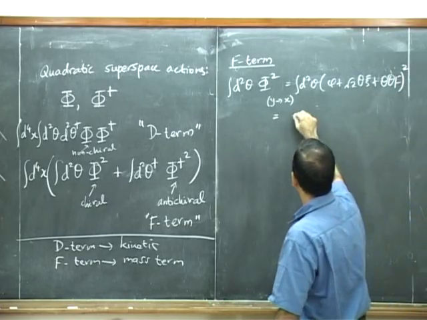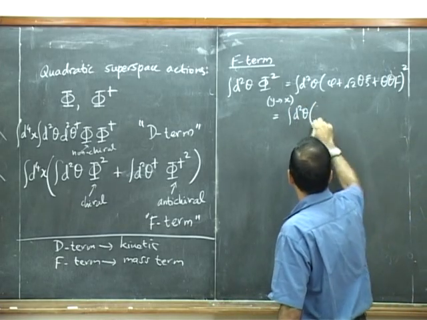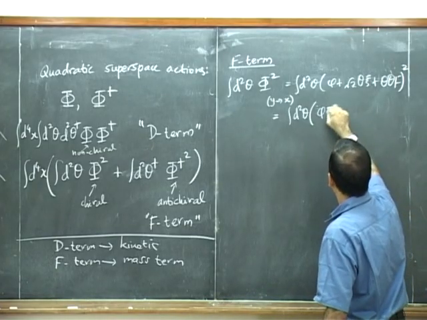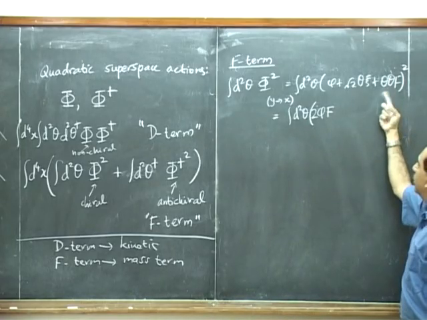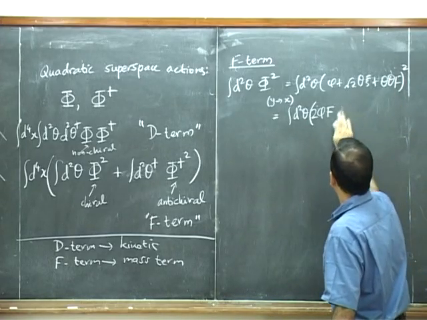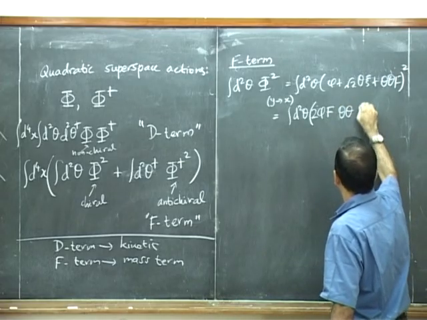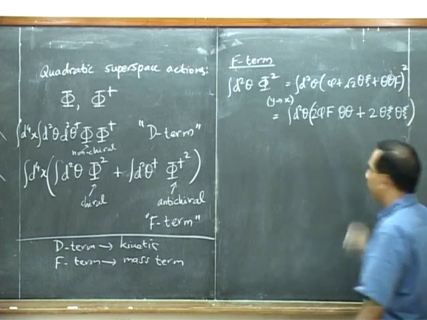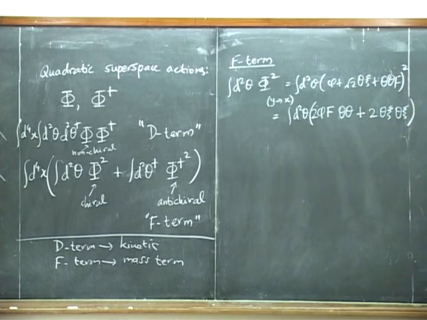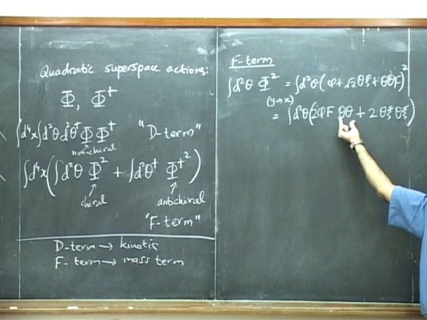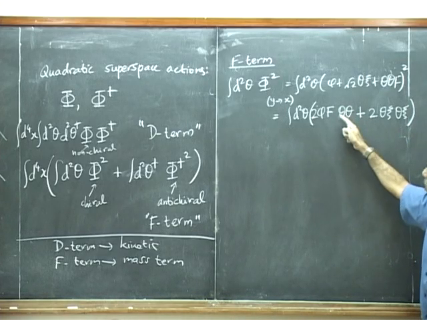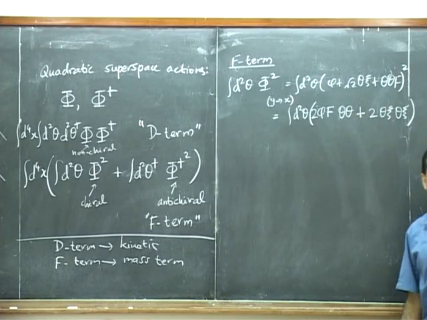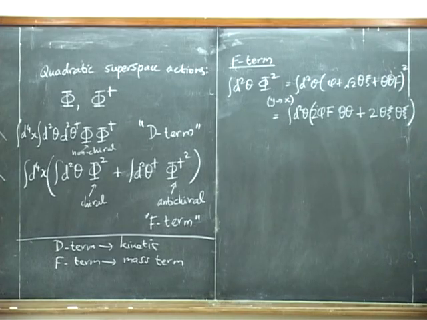So for all practical purposes, this is the same as d2 theta of 2 phi F theta theta plus 2 theta psi theta psi, since phi F comes twice. You have to remember how the contractions are. If two spinors are sitting next to each other, then it's one up, one down. I always forget, I think this way, similarly here, similarly here. So that's all I need to keep.